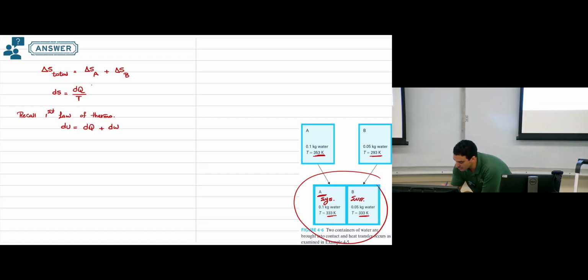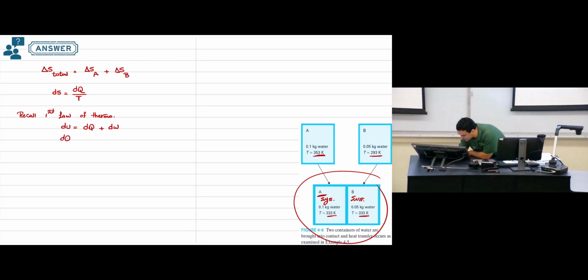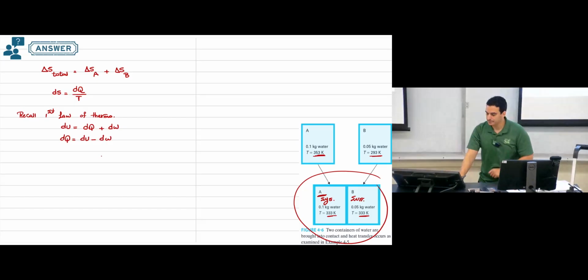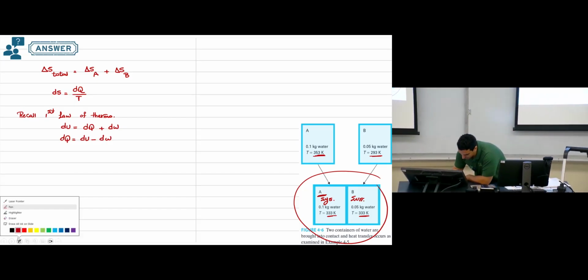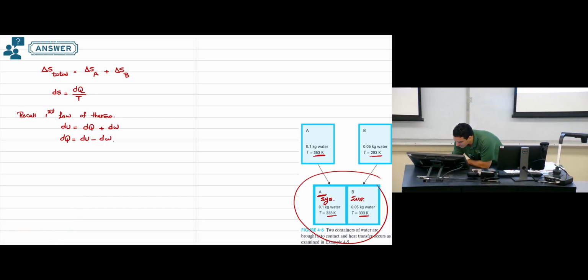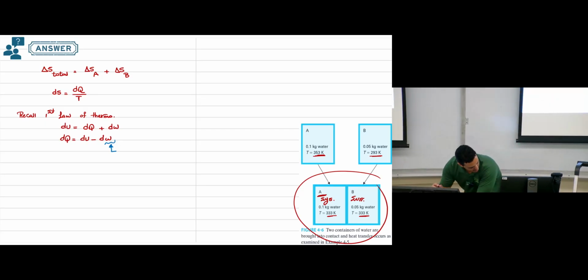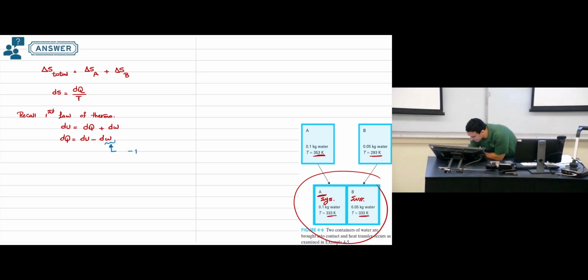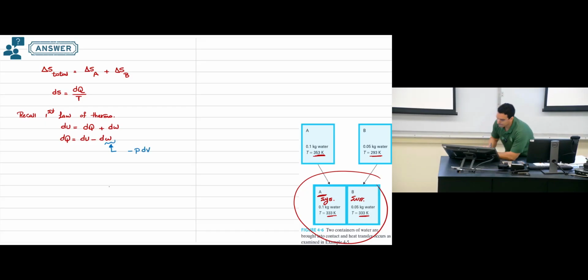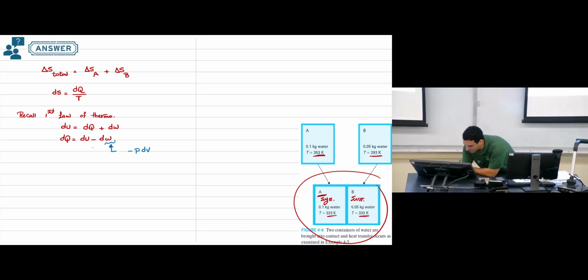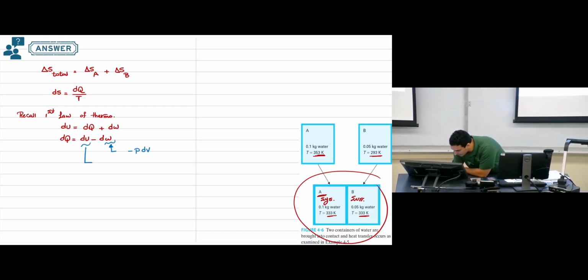If you rearrange this equation, we need dq, so dq is dU minus dW. Okay. And then we need to calculate each one of them. So dW, if you remember from chapter 1, dW is PdV.